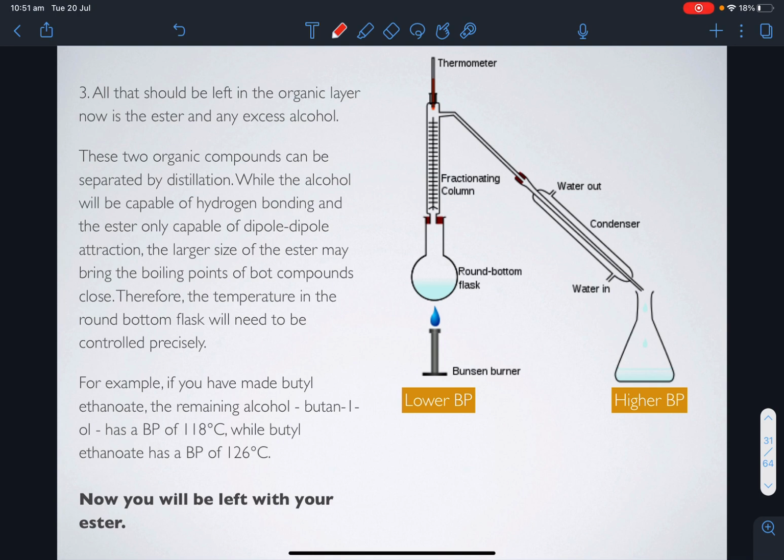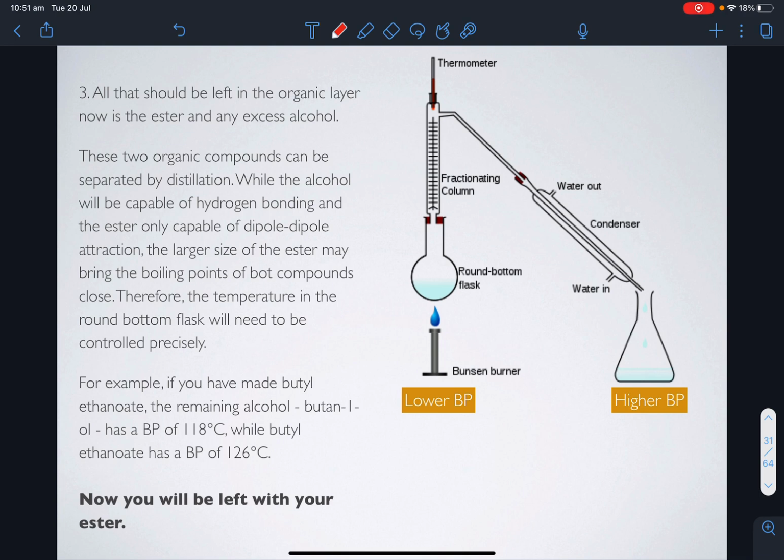We can use distillation to remove them, because we've got two organic compounds that have two different boiling points. The alcohol will be capable of hydrogen bonding to itself, and the ester only capable of dipole-dipole attraction. But esters are usually large, so they've got more dispersion forces. So what can end up happening is the ester and the alcohol could have similar boiling points.